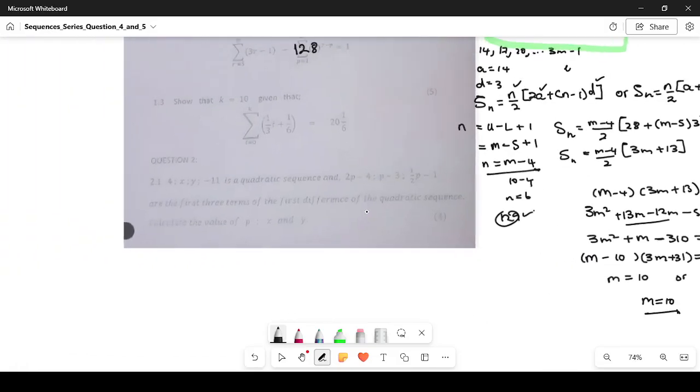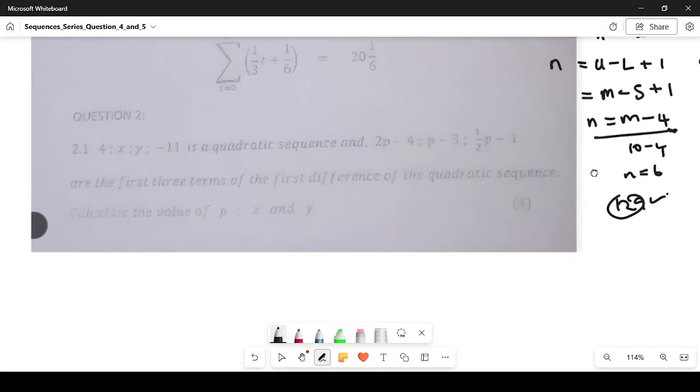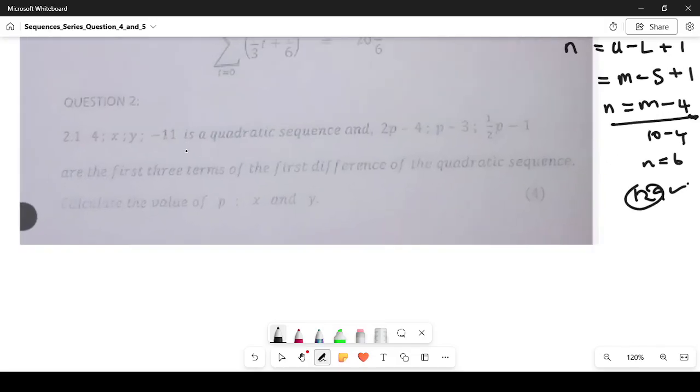And now let's go to question number 2, which is a geometric, not a geometric, a quadratic. So I'll just read this out loud in case you can. Question 2.1. I'm told that 4x, y, and negative 11 is a quadratic sequence, right?